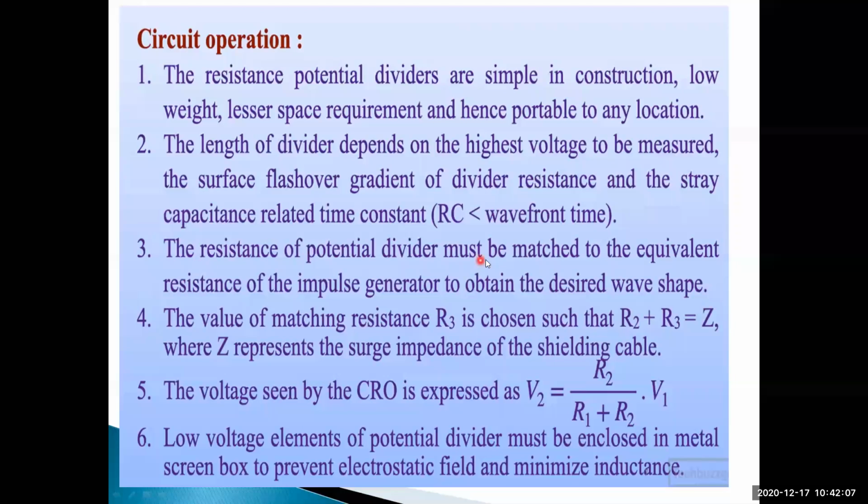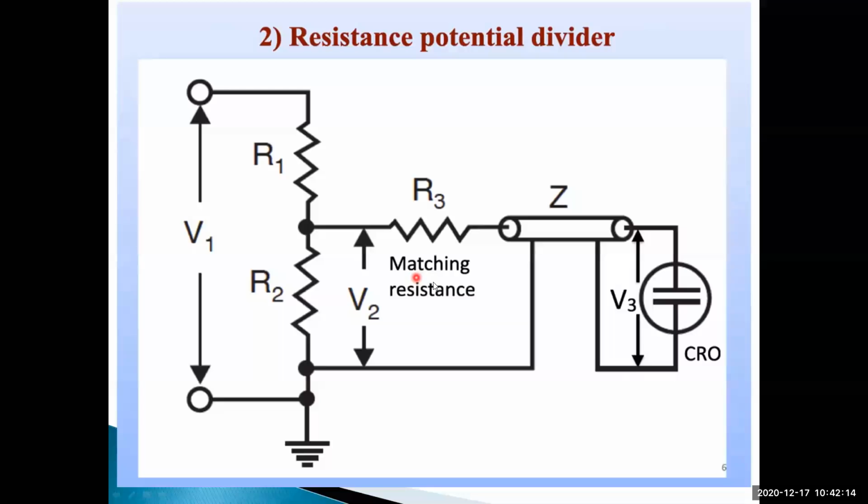The resistance potential divider must be matched to the equivalent resistance of the impulse generator circuit to obtain the desired waveform. This is called matching resistance. By using this arrangement, the resistance R2 is equal to the impedance offered by the CRO. To adjust these impedances, we are using matching resistance.